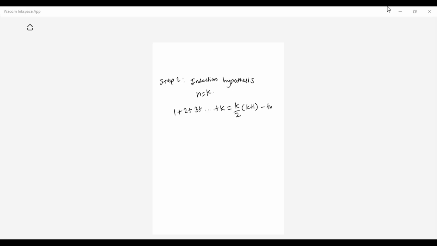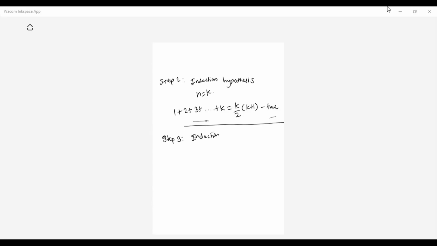And I'm saying that it is true. So I have substituted n is equal to k and I'm saying that n is equal to k is true. Now what I have to prove is, if this proposition is true, then the k plus 1 proposition would be true. That I have to prove using induction. The third step I need to perform. Step 3 is the induction step.